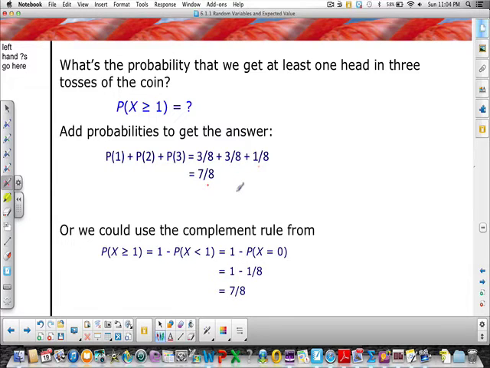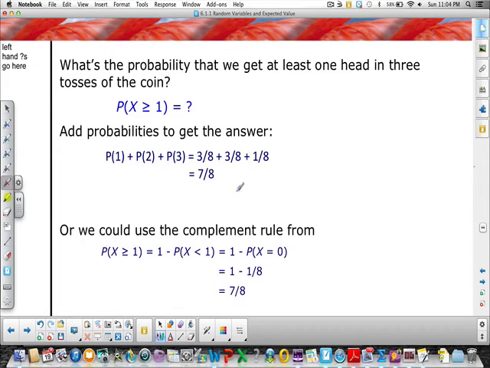That wasn't too bad because in this particular case we didn't have too many different values that x could take on. But the other way that we could do it is to use the complement rule. So the probability that x is greater than or equal to 1 is 1 minus the opposite of that, the probability that x is less than 1.